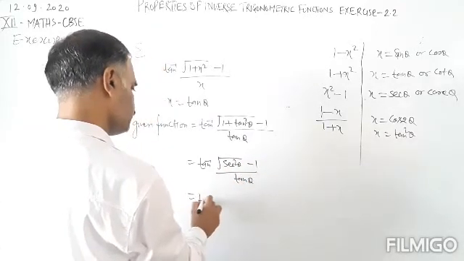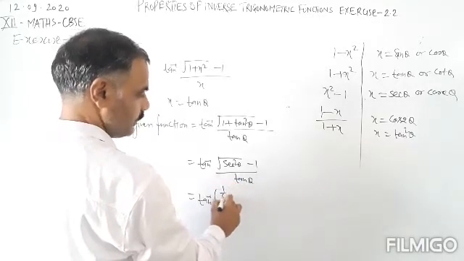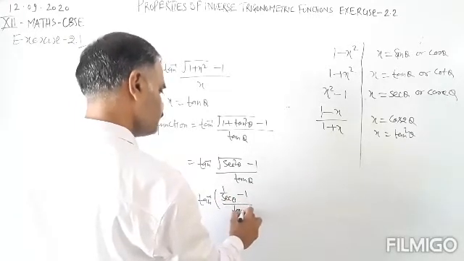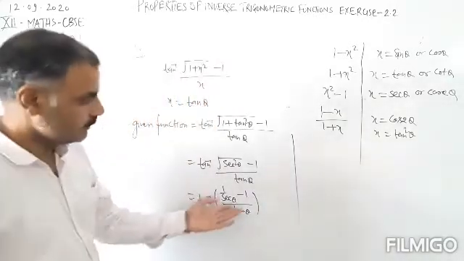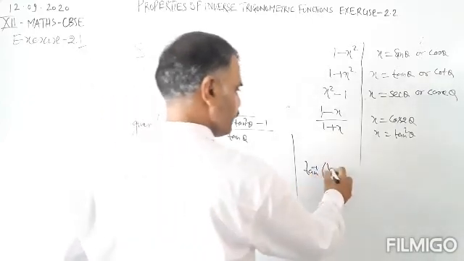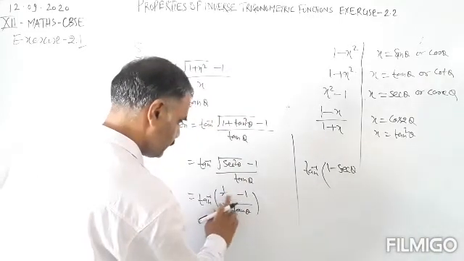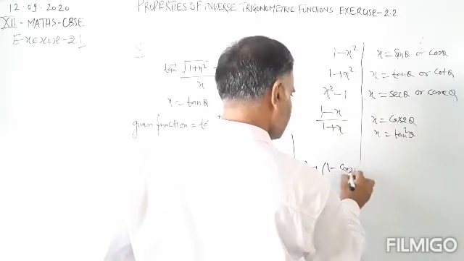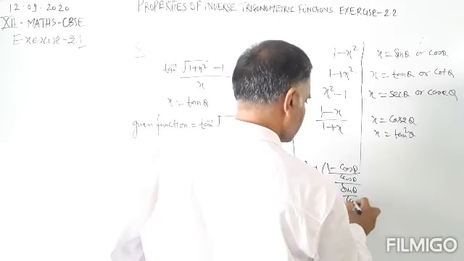So this is equals to tan inverse of 1 upon sec theta minus 1 upon tan theta, that is 1 upon cos theta minus 1, upon sin theta upon cos theta.